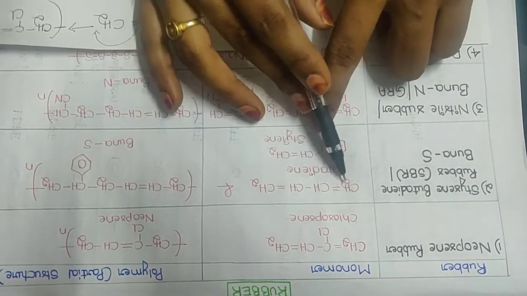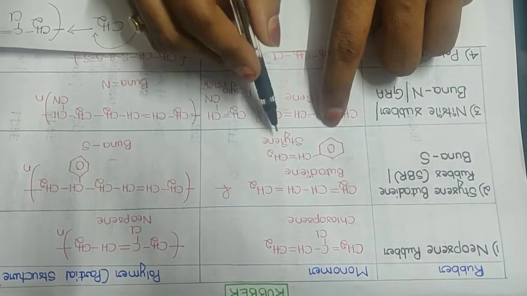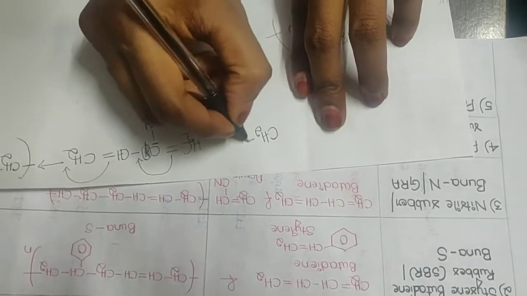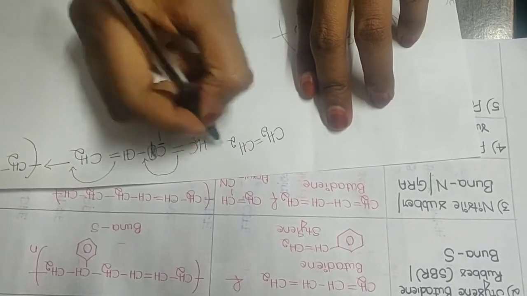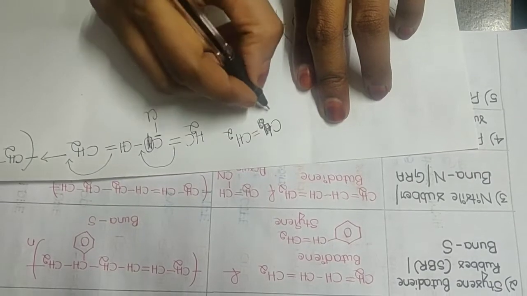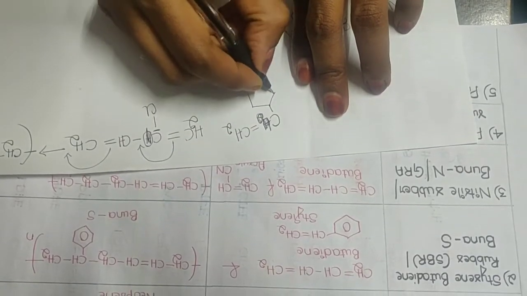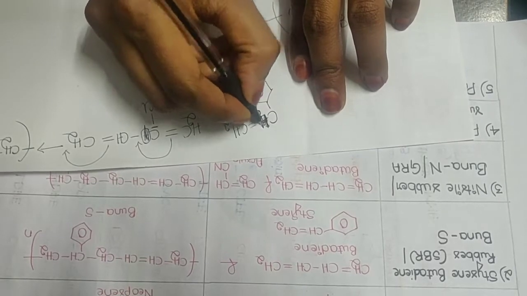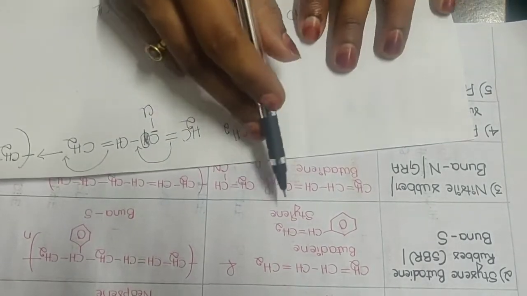You are aware of the butadiene structure. How do you get styrene? It is very simple. You take ethene, and one of the hydrogens should be substituted with a benzene. If I replace one of the hydrogens with a benzene, I'll end up with styrene.